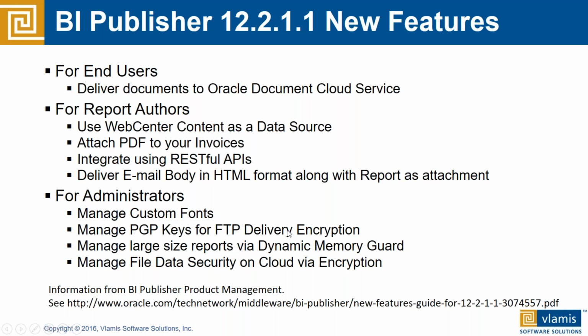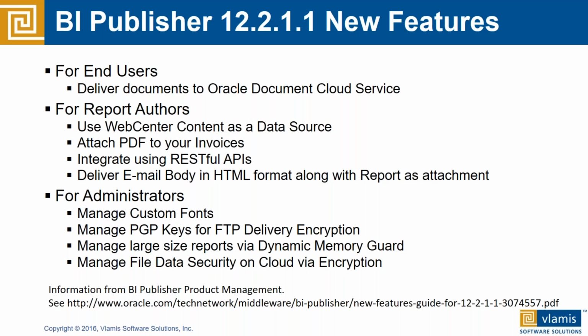So I also promised that I would share some things on BI Publisher 12.2.1.1 new features. I haven't had a chance to really look through all these, but for those that are especially interested in BI Publisher, it continues on. There are some new features that came out in 12.2.1.1 as well. For end users, we now have the ability to deliver documents to the Oracle Document Cloud Service. For authors, you can use WebCenter content as a data source now, and you can attach PDF files to your invoices.